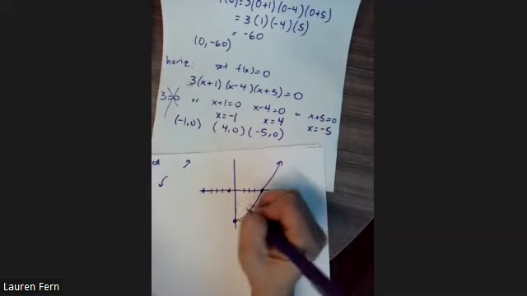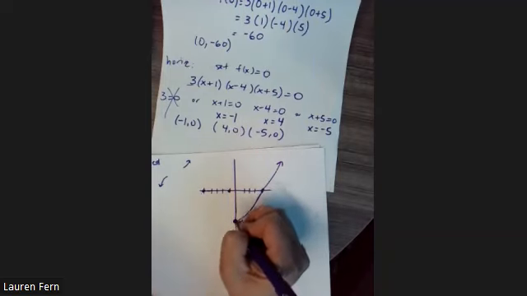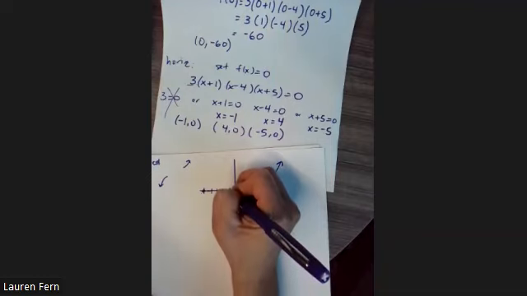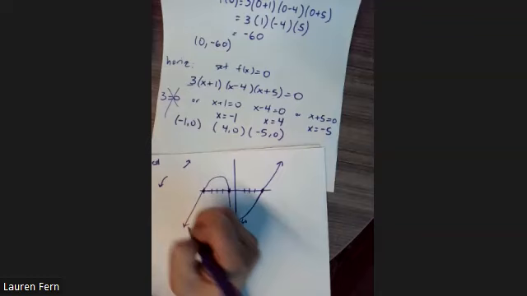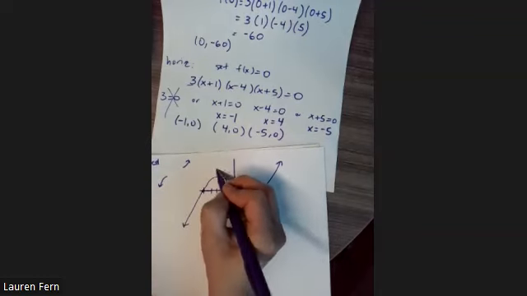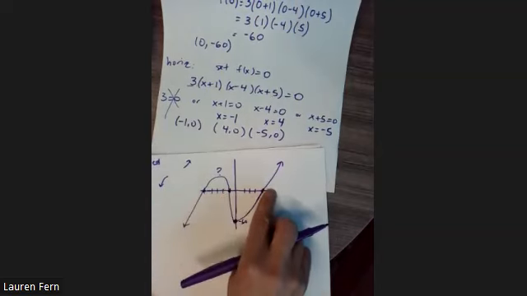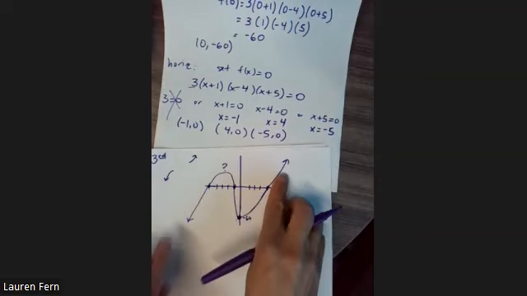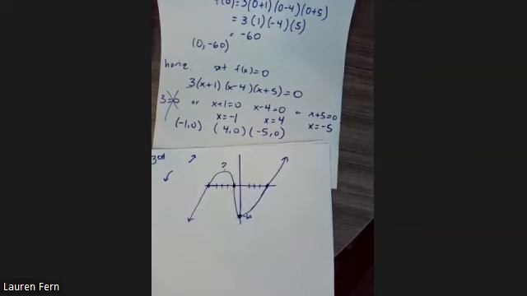Again, there's no funky things going up, down, up, down, up, down. I know that I've got to come and hit this point. I know I've got to come and hit this point. And then I know that I've got to come back down. Now, I don't know how high it gets here. We need more detail. But again, I know that I'm going to have at most 2 turning points, and this arm has to go up and this arm has to go down.